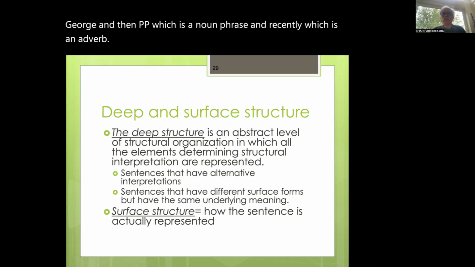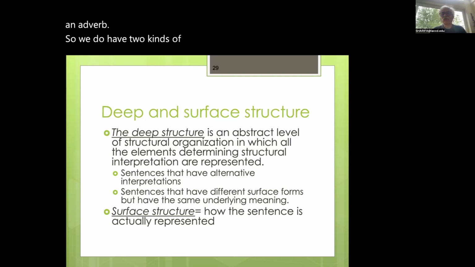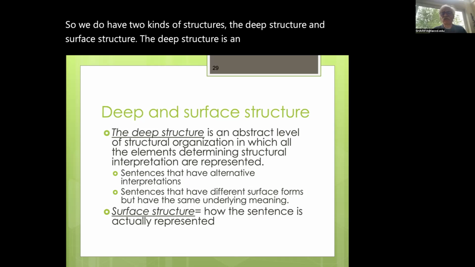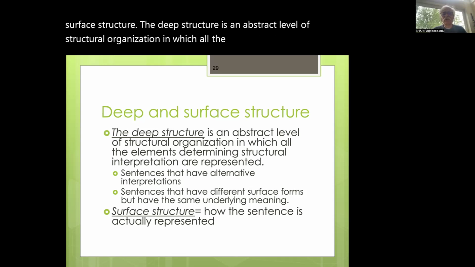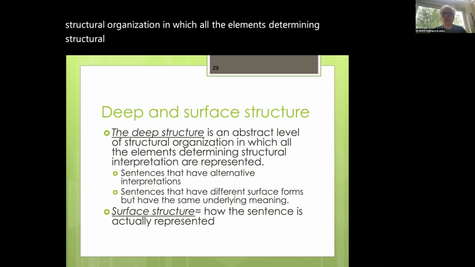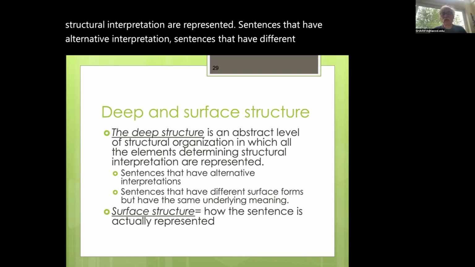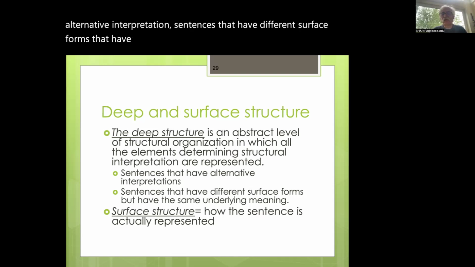So we do have two kinds of structures, the deep structure and surface structure. The deep structure is an abstract level of structural organization in which all the elements determining structural interpretation are represented. Sentences that have different surface forms, but have the same underlying meaning.